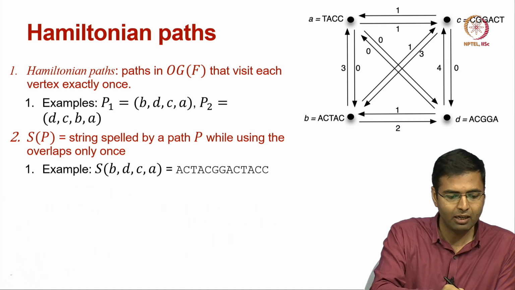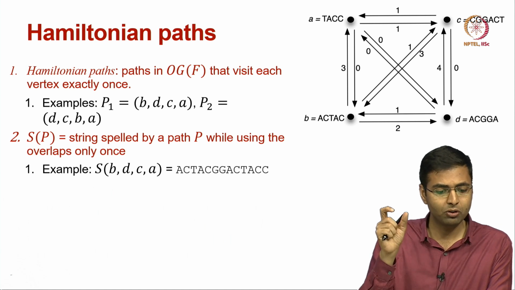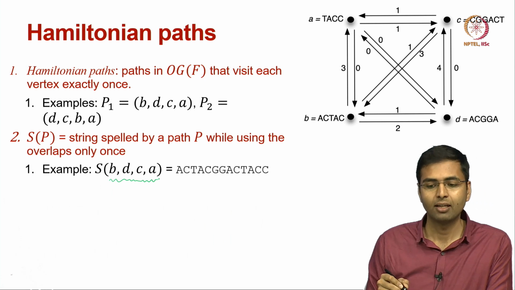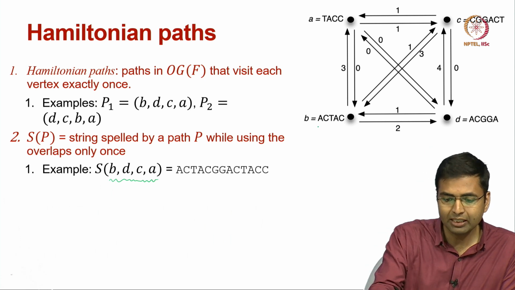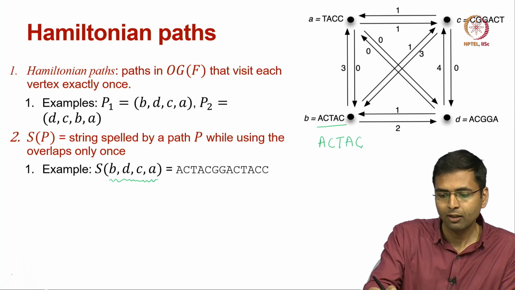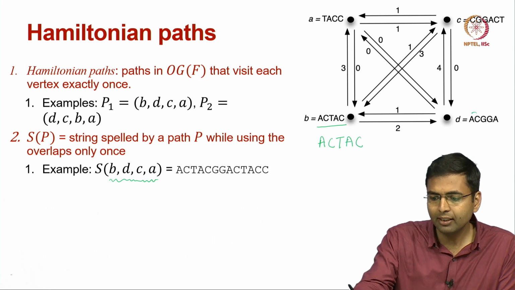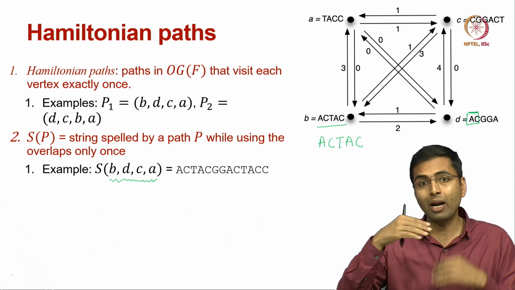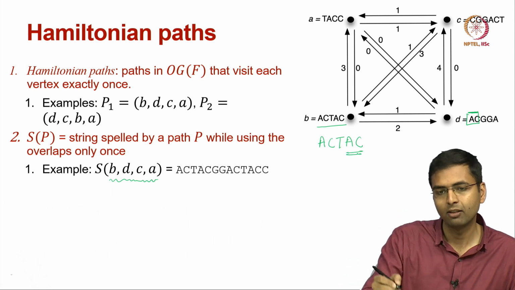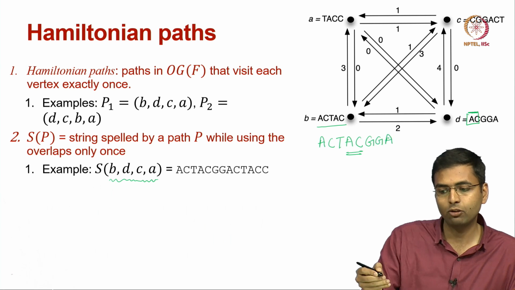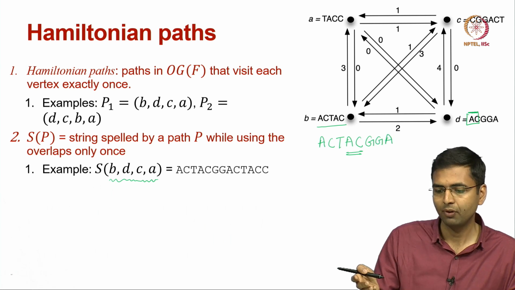So, for example, if I spell the path BDCA, then I would start by spelling ACTAC, but then I would not consider the first two characters of D because that corresponds to the overlap which I have already considered here. So, then I would spell GGA, that is the remaining characters of string D.